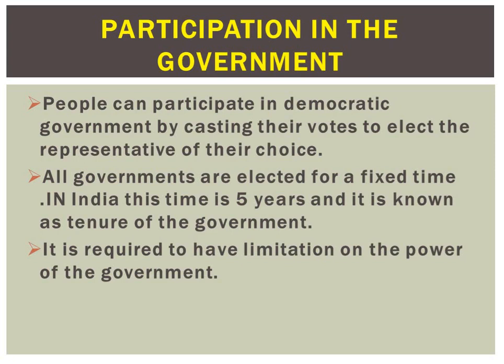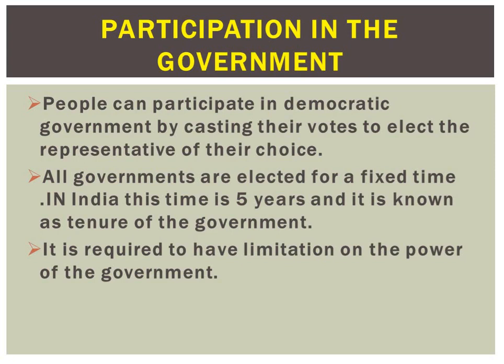People can participate in democratic government by casting their votes to elect the representative of their choice. As in elections, at the time of elections, you might have seen the different posters on the walls, on the poles, everywhere for publicity of the candidate.